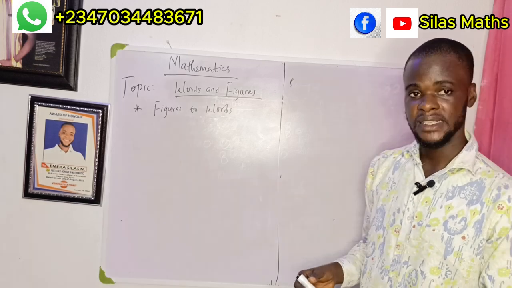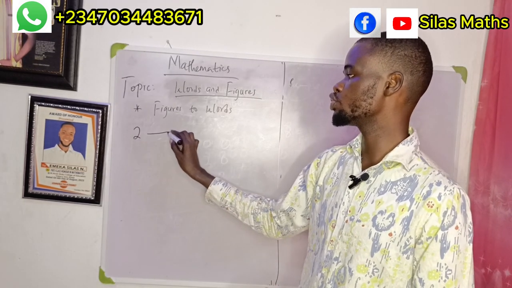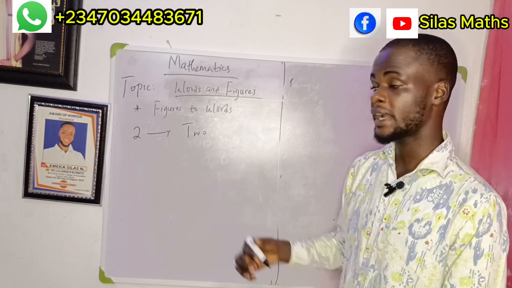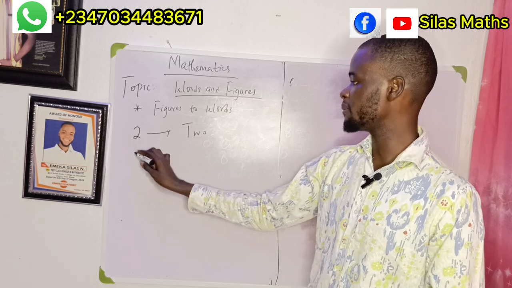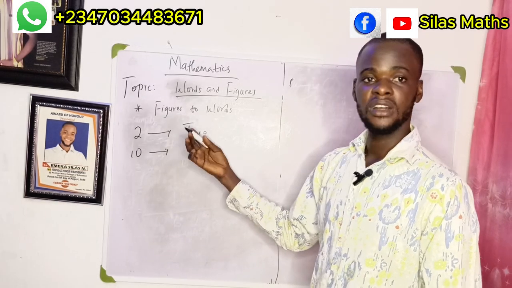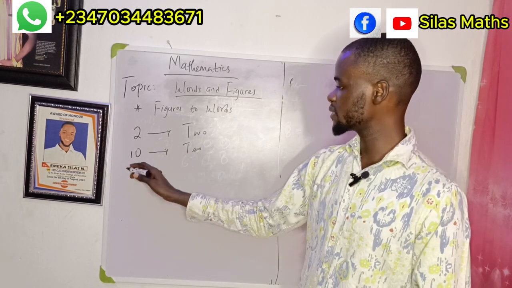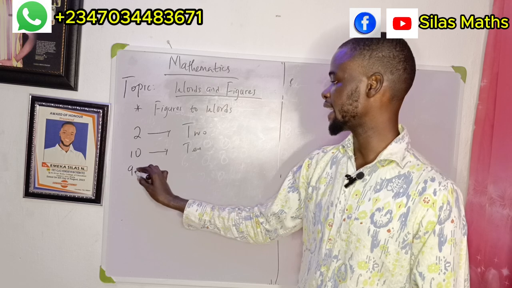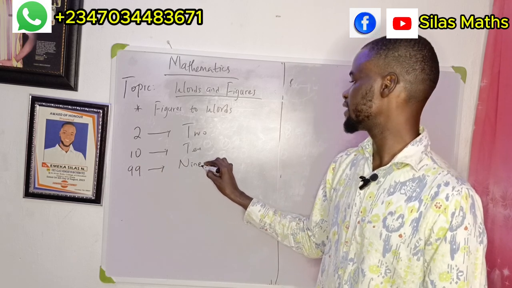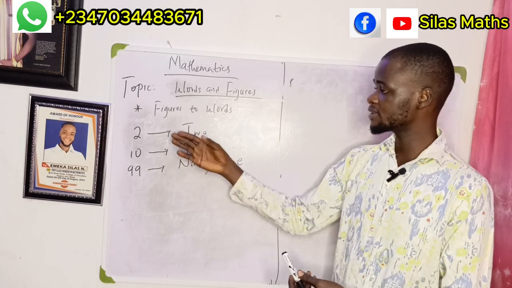Let's take for example the number 2. It can be expressed in words as T-W-O. Then we can express the number 10 as T-E-N in words. We can also express 99 in words as ninety-nine. So this is writing numbers in words.